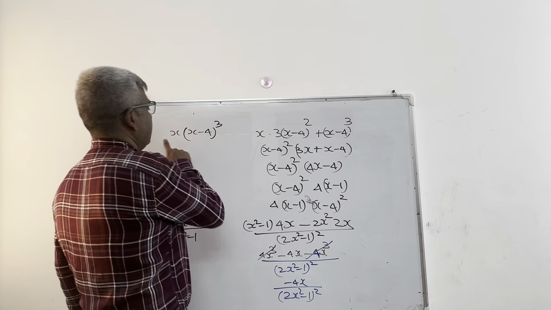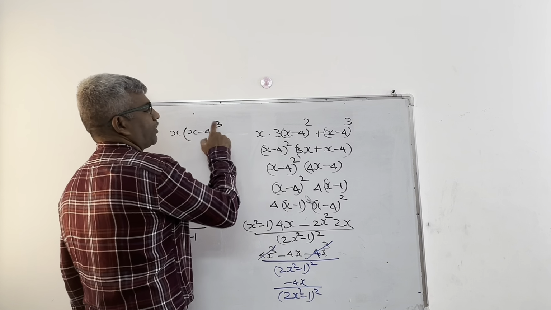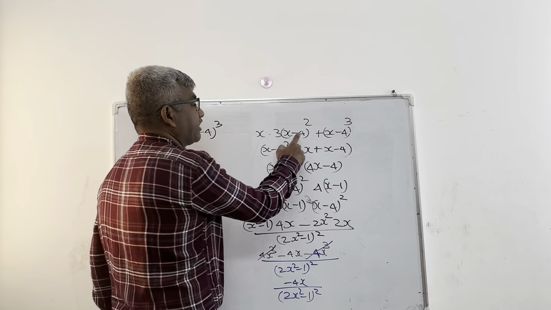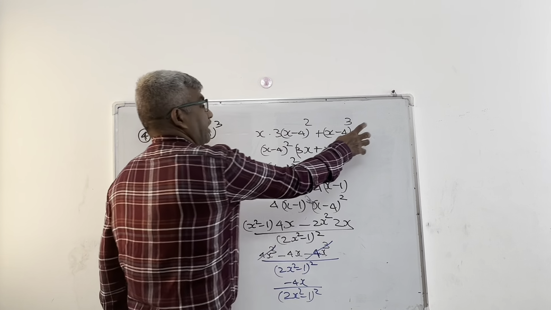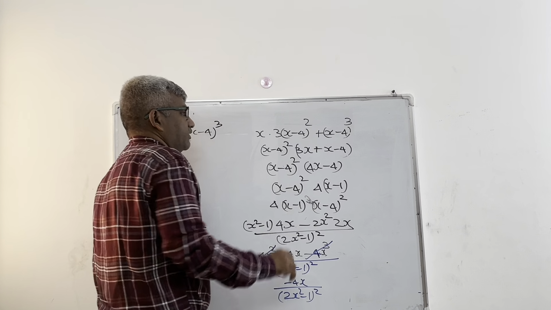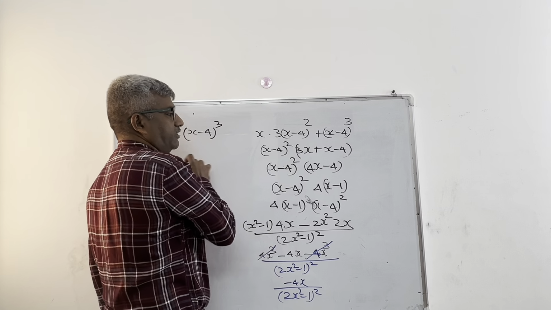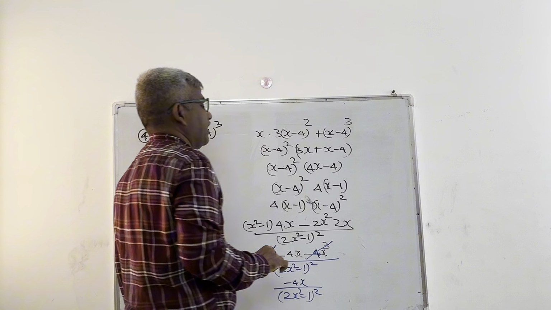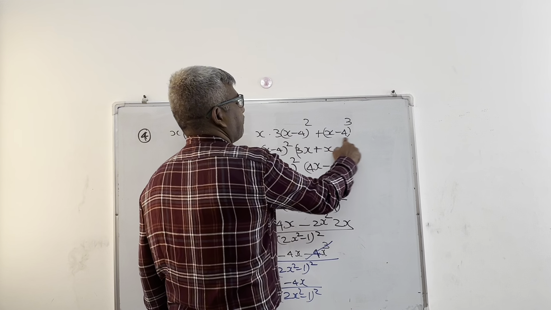I repeat, it is a product rule. (x minus 4) cubed, I differentiate: 3 times (x minus 4) squared, plus (x minus 4) cubed times x, if you differentiate x it is 1. So now I take out (x minus 4) squared as a common factor. 3x is there, plus here what will be there?